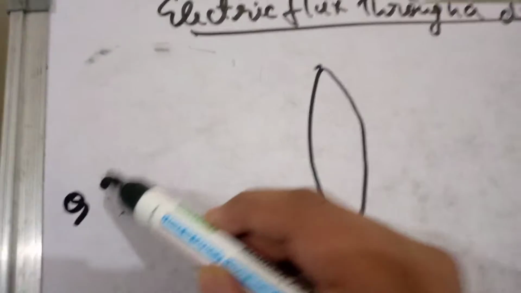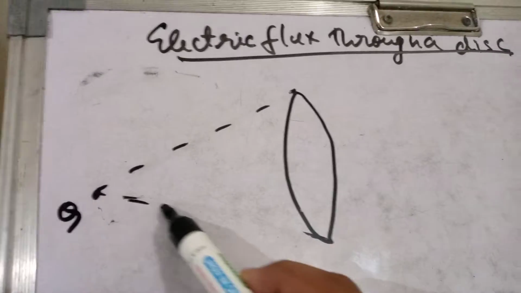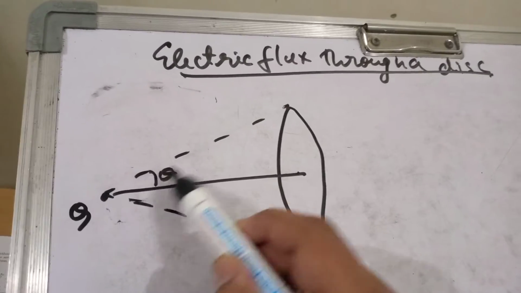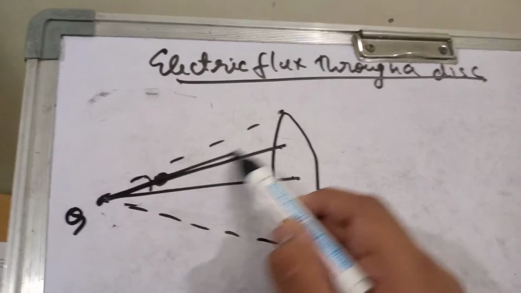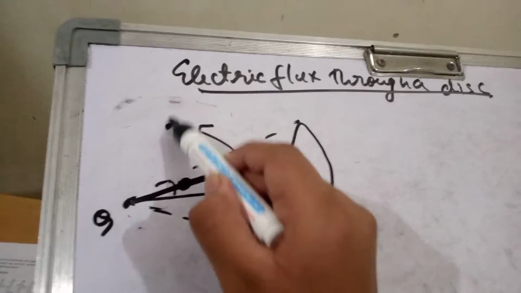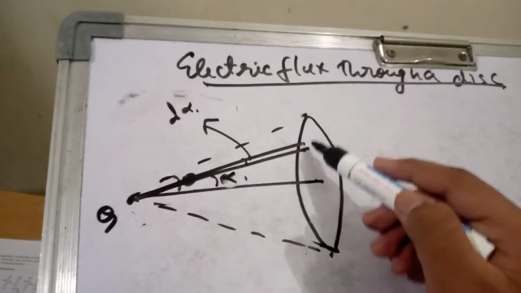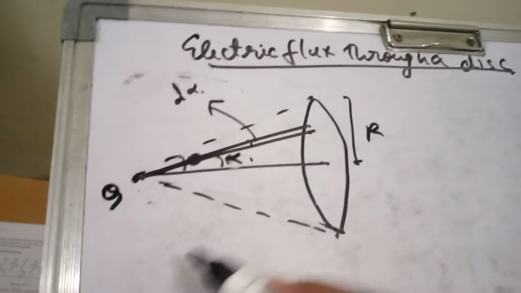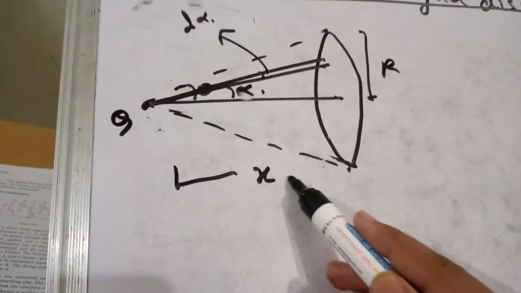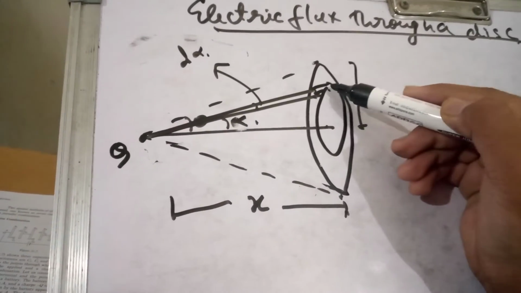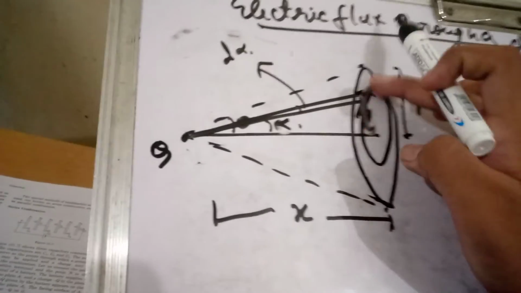This is the border line, and this angle is theta, and this angle is d alpha. And this angle alpha. This is r, this is x, and here we can have this circle as well.